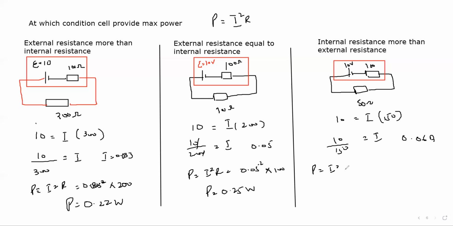So P is equal to I squared R. So I is the current, 0.06 squared multiplied by the external resistance, 50. That is equal to 0.18 watts.